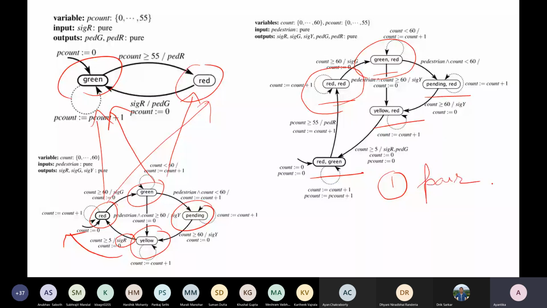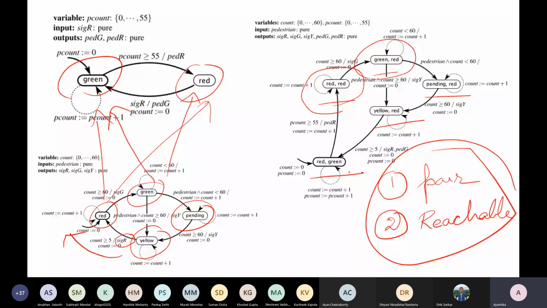The second thing, you have to check whether all your state combinations are reachable or not. So you have to do the reachability analysis that we discussed yesterday. It is not that you get the pairs and you will consider all the pairs. No, you have to consider those pairs according to the specification that are actually reachable, and for them you will consider the transition conditions.